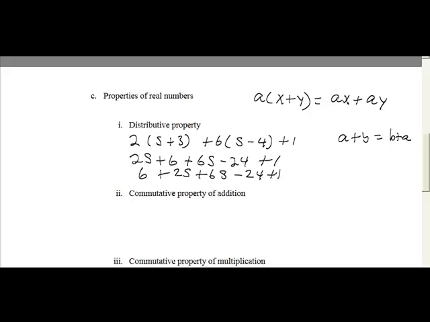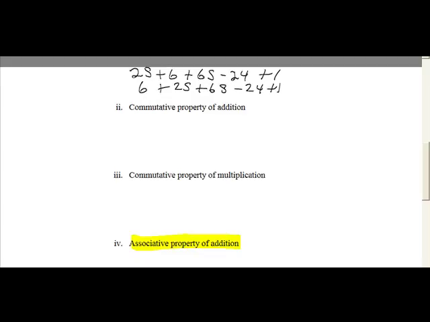Now I have the sum of these four quantities, and the associative property is the property that I can add these in groups of 2 if I so choose.